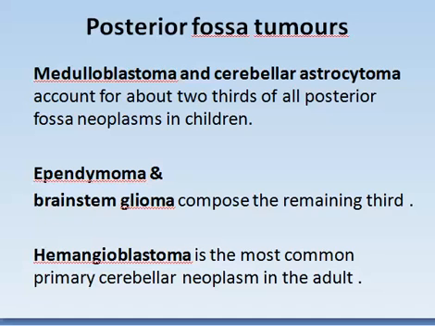Ependymoma and glioma of the brainstem compose the remaining third. Brainstem glioma is separated because it has a different, anterior location. In adults with a posterior fossa tumor, this is usually hemangioblastoma, as it is the most common primary cerebellar neoplasm in adults.